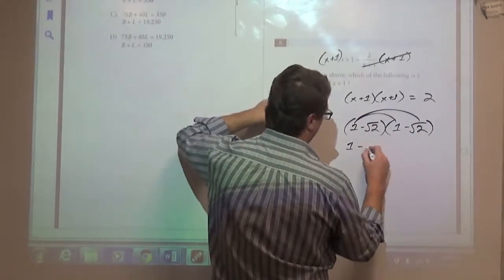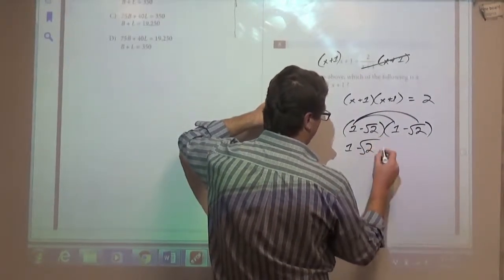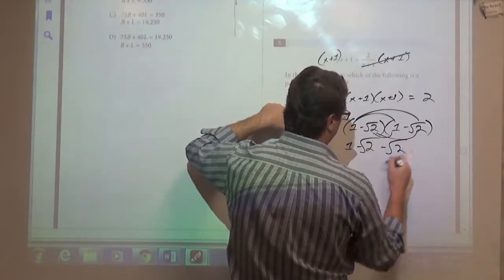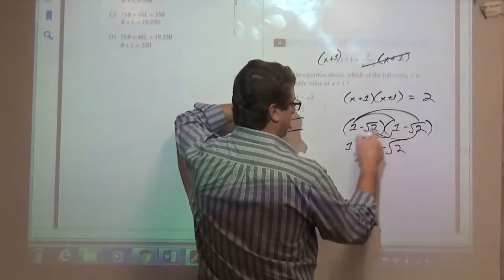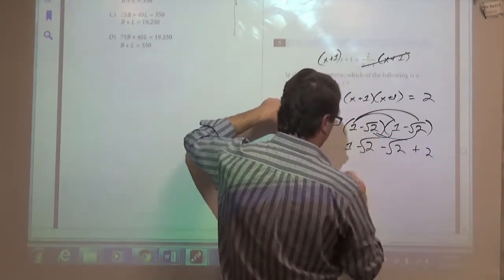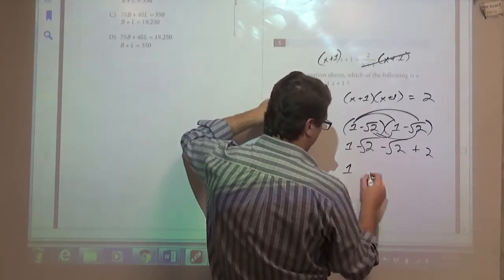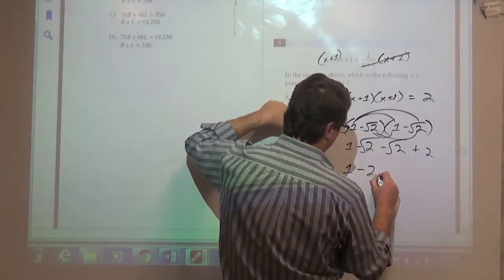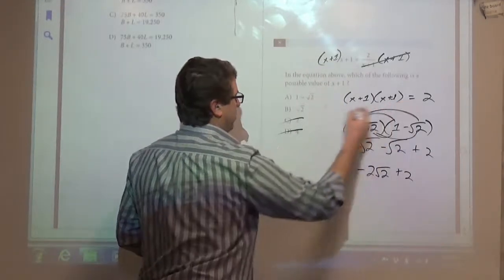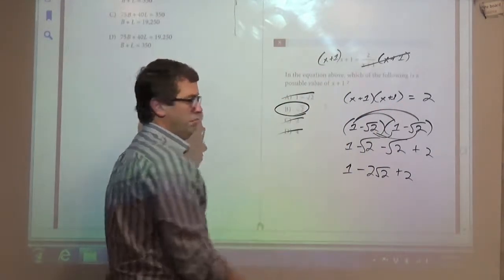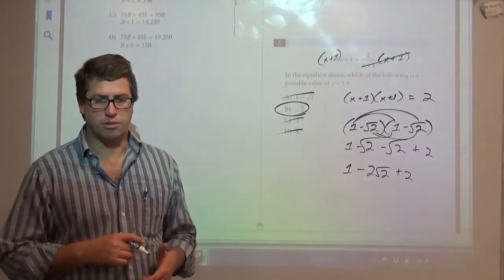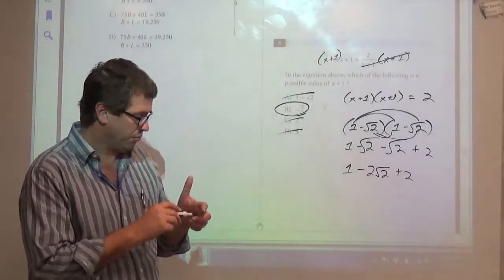If we do outside, negative root 2. Inside, negative root 2. Last, the negatives cancel when you multiply them, and the roots cancel, so I get plus 2. So this is actually 1 minus 2 root 2 plus 2, which is not equal to 2. But root 2 times root 2, the roots cancel, that is actually 2.